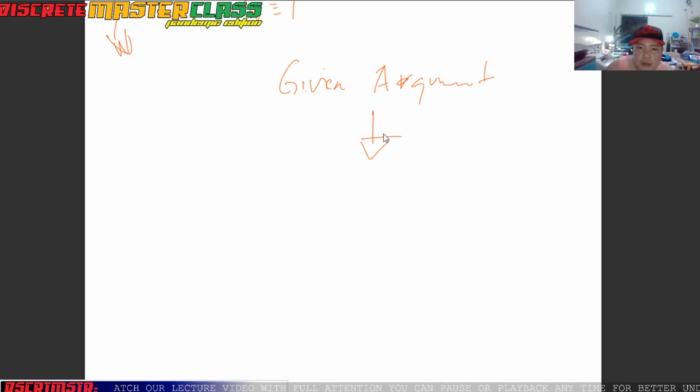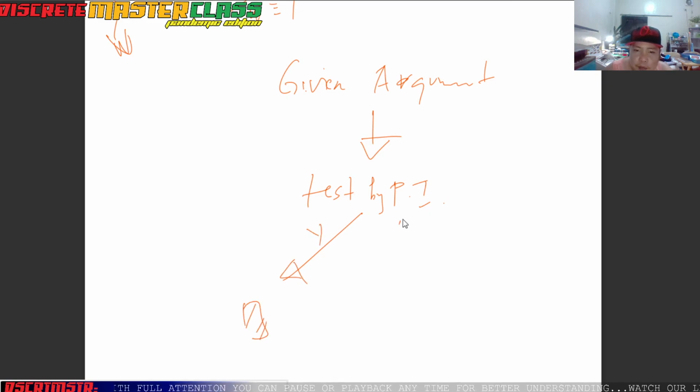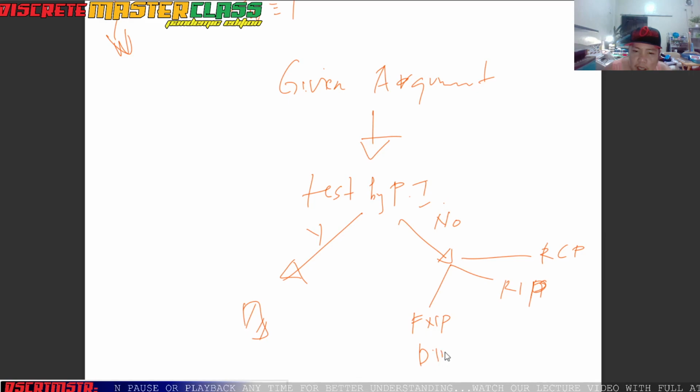So, ang unang gagawin mo is test if that is by proof of invalidity. Pag pumayag, pag nag-yes, done. If no, pwede ka mamili ng RCP, RIP, tsaka FNP. Or direct, indirect, conditional.